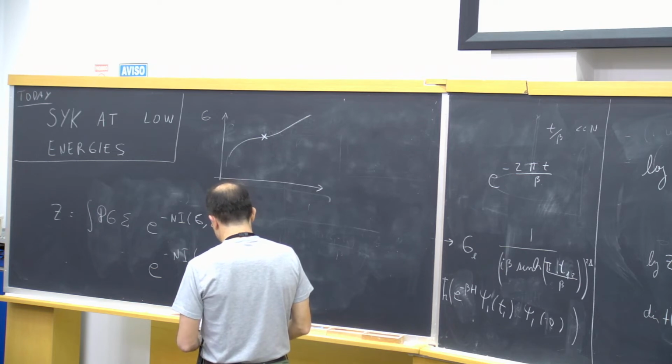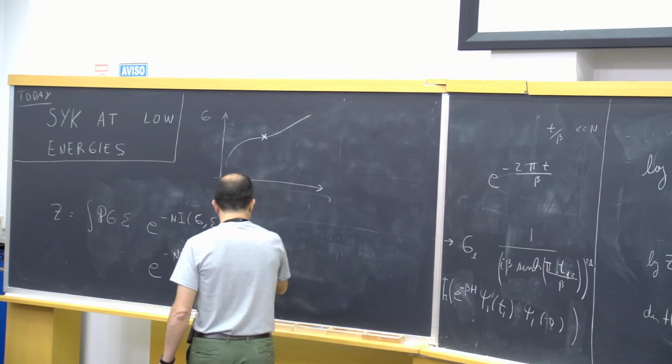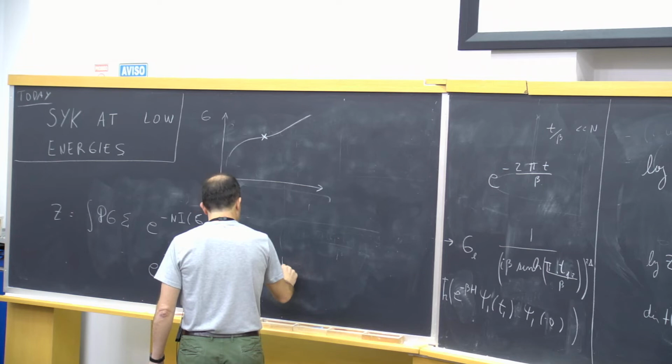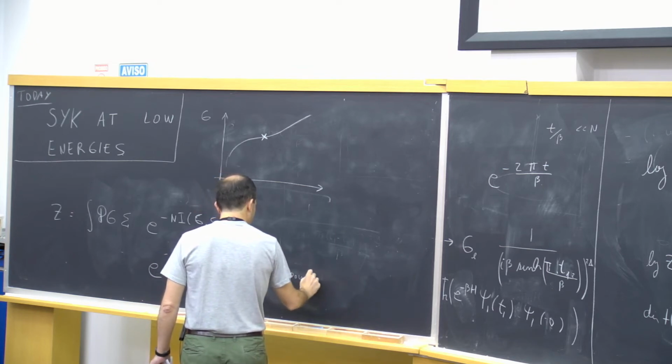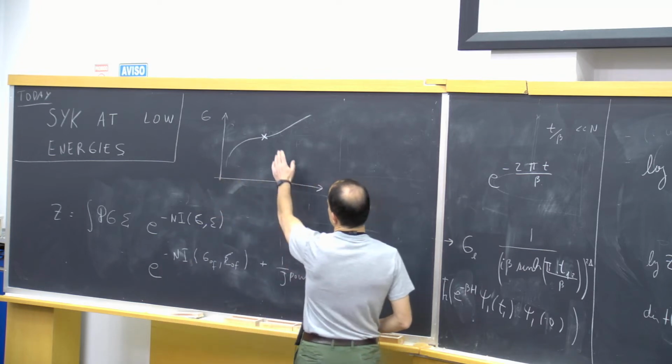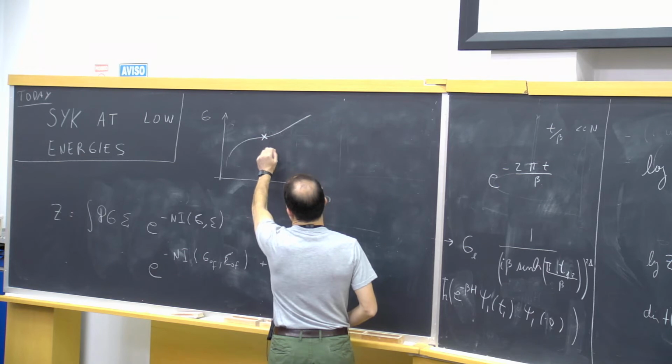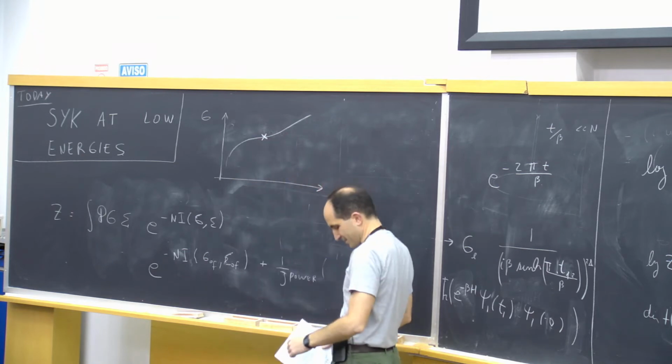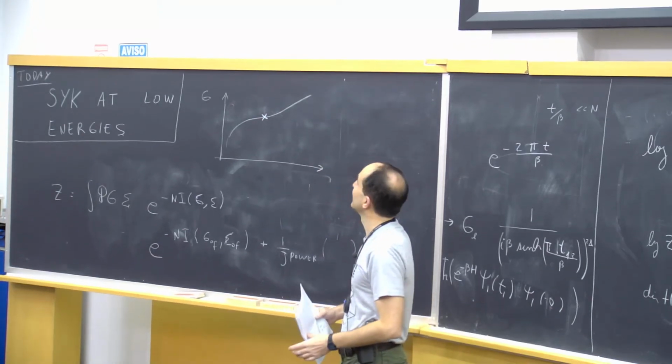But as we said, there are some 1 over j to some power corrections to the action, some suppressed corrections that will lift this degeneracy and will give us something that breaks this reparameterization symmetry.